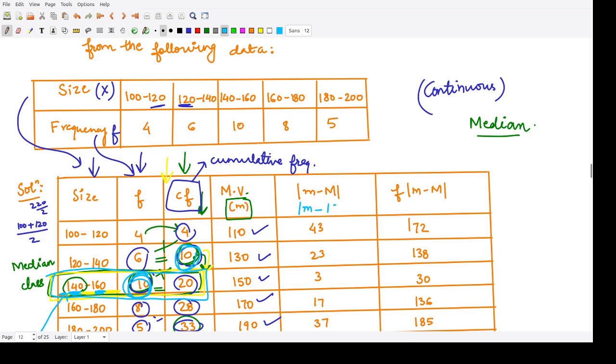Median obtained is 154. So we just subtract 110 minus 154 and take its modulus, that is 43.